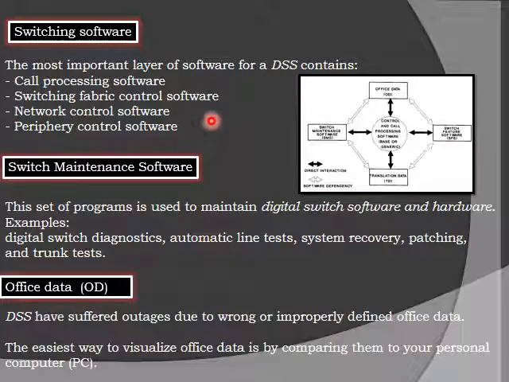Don't worry. Whatever you learned so far, like supervisory operation here, switching fabric here, level 2 control NCP and what it is doing, periphery control and what it is doing. All that knowledge you have already learned in the previous modules or videos. Try to reproduce the same thing here in a good way, so that it can justify the answer for the switching software.